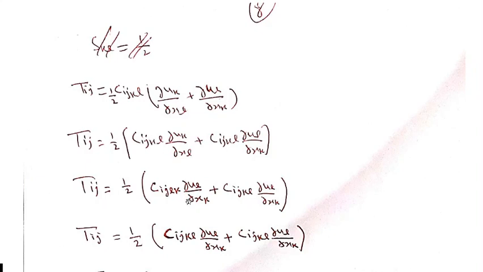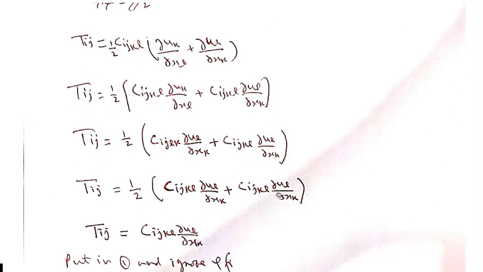And we know that our elasticity tensor C is symmetric in the last pair. So you can write Cijlk equals Cijkl. So this is this, and now these are the same, so they are 2 times. So you have Tij equals Cijkl partial Ul partial Xk or partial Uk partial Xl.